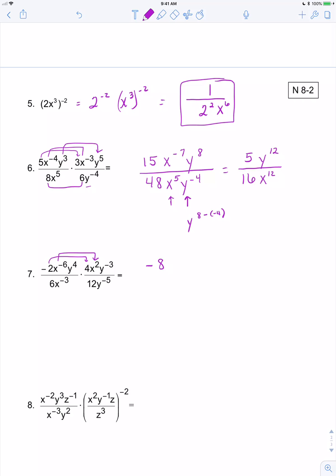Negative 6 plus 2 is x to the negative 4. And then let's deal with our y's. y to the 4th times y to the negative 3 is 4 plus a negative 3, so that's just y.